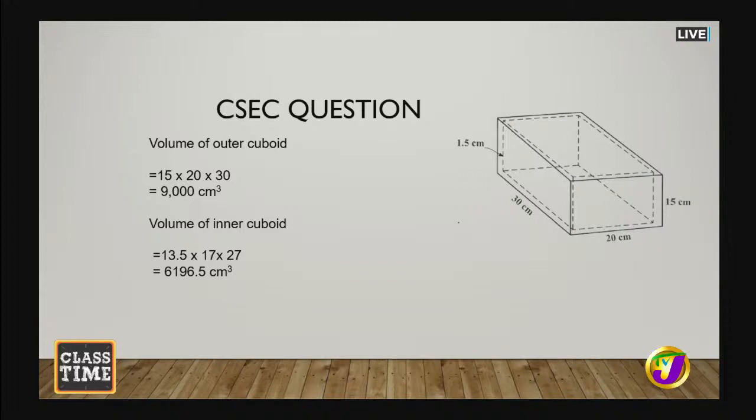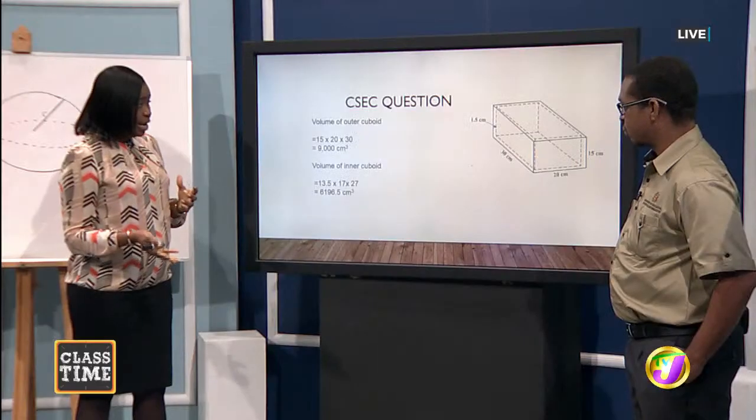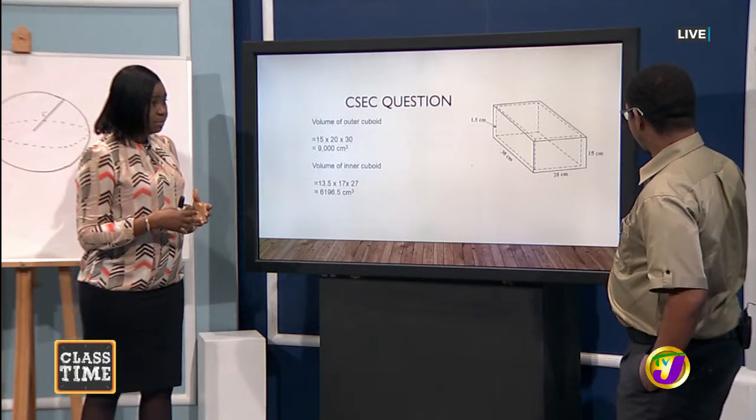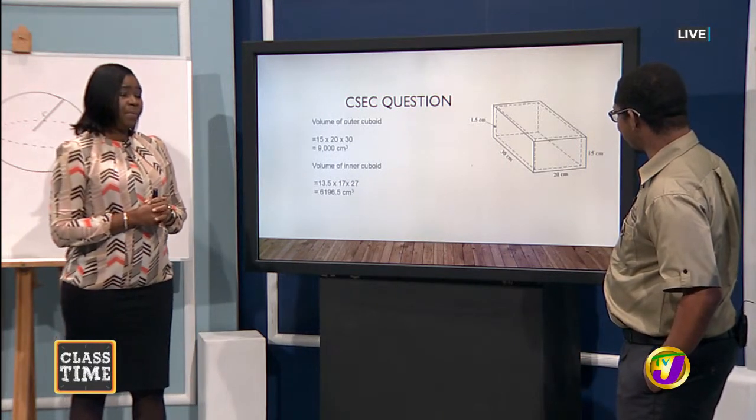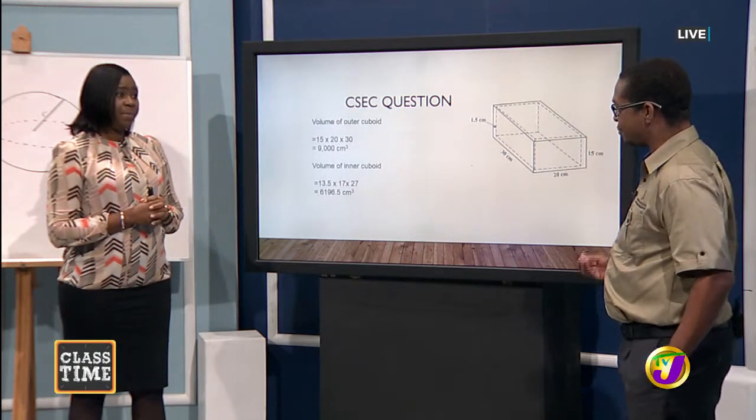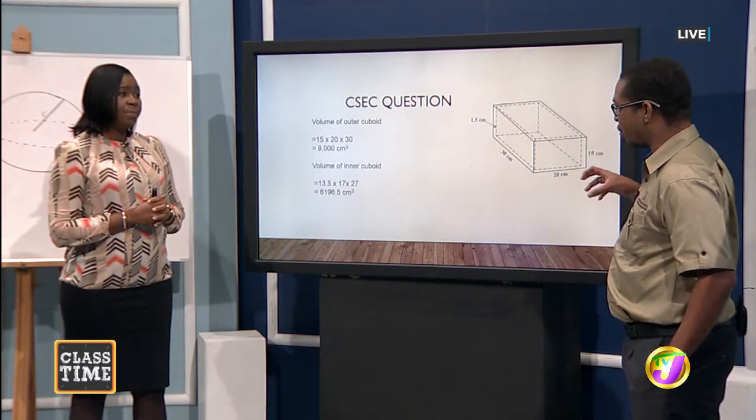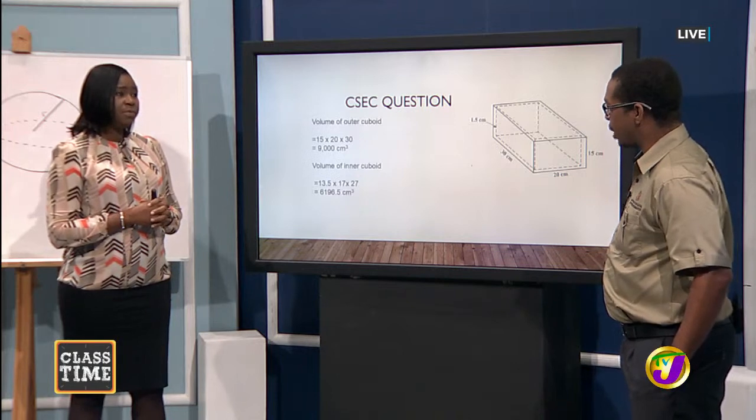6,196.5 cubic centimeters. Are we adding or subtracting? As we did before, they're asking us for the material, so it's going to be what is left after we take out that inner region. So that would be a subtraction.